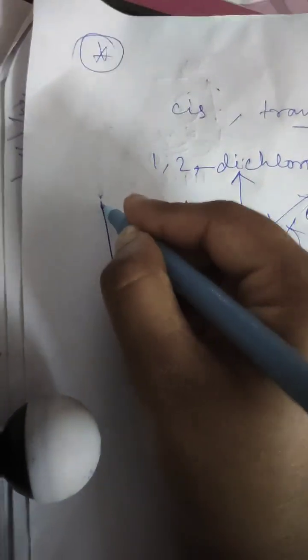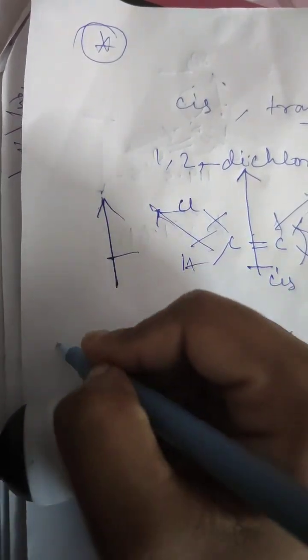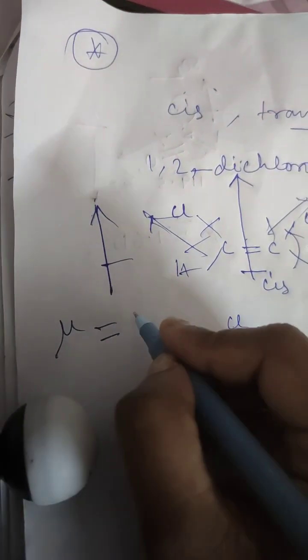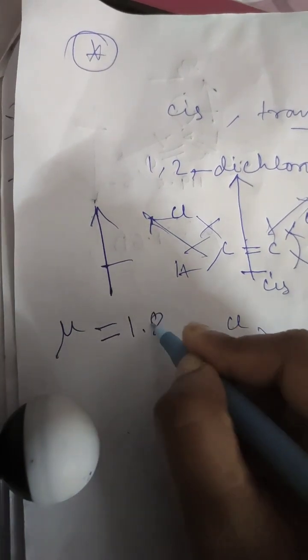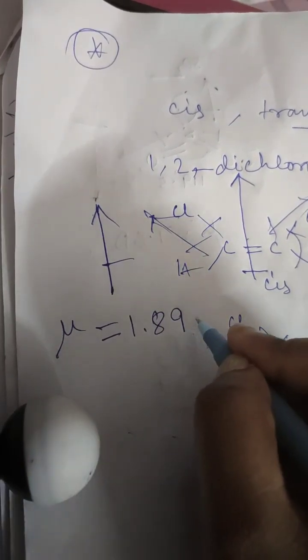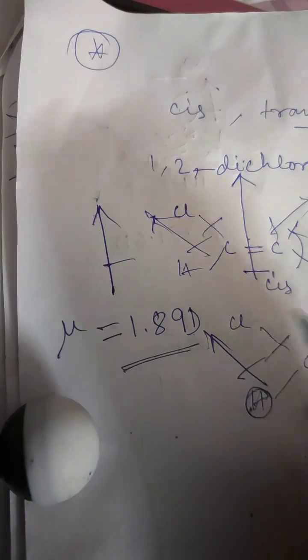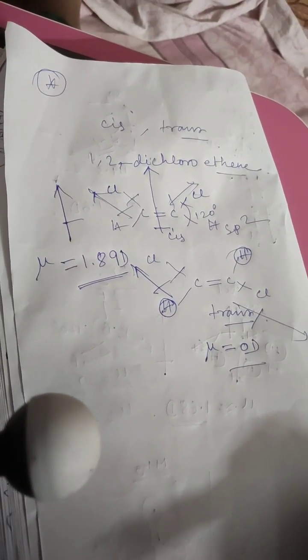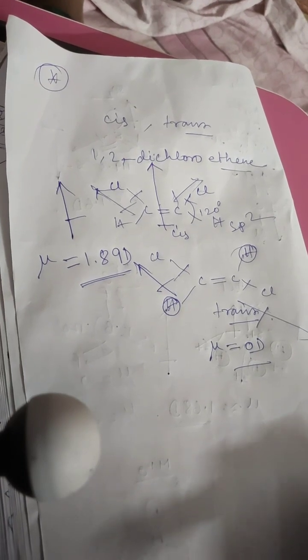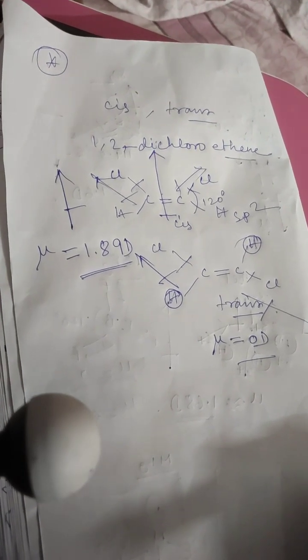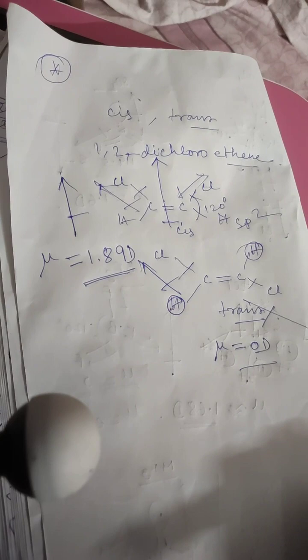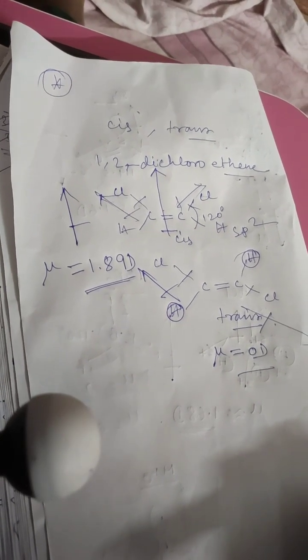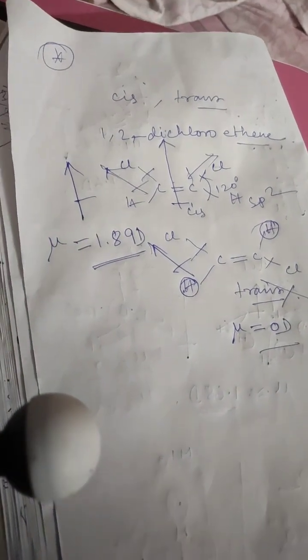So its mu value is very large, that is 1.89 D. So this is our answer, and this is a most important question. This cis trans diastereomer type question is most important for dipole moment questions.